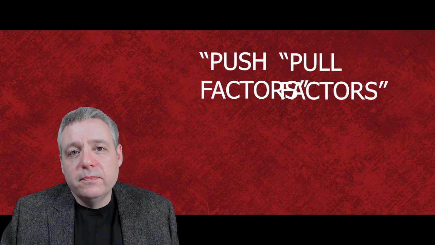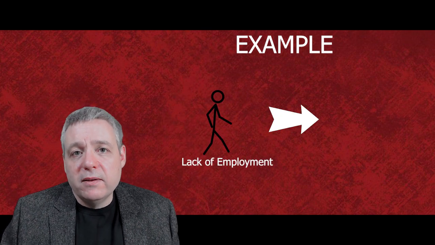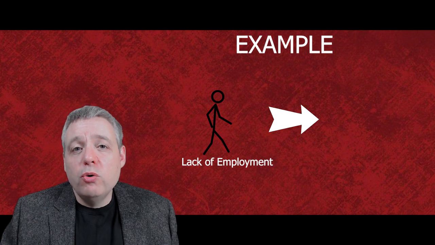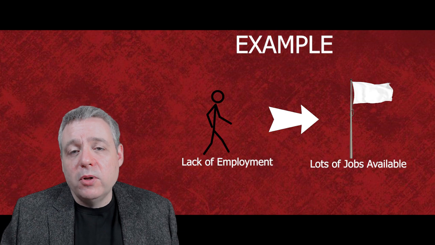Now, it's important to keep in mind that the motivations for migration may be mixed. That is, a person may seek to migrate because of a combination of push factors and pull factors. So, for example, a person may choose to leave their country because of a lack of employment, and they may choose to go to a particular country because there are lots of jobs available.